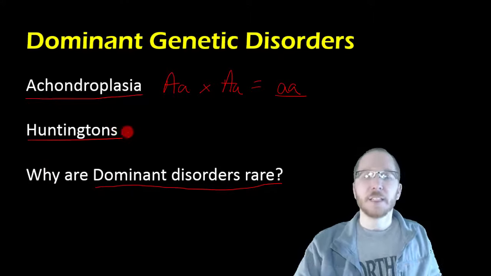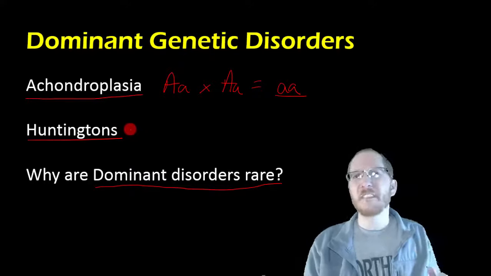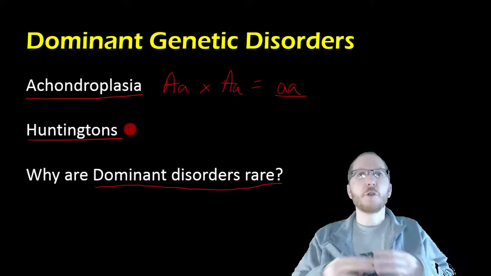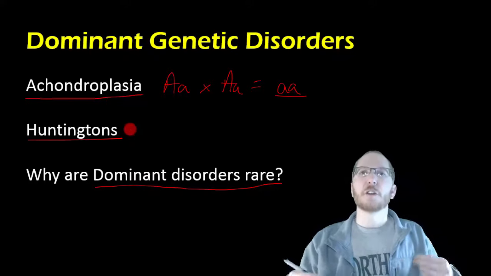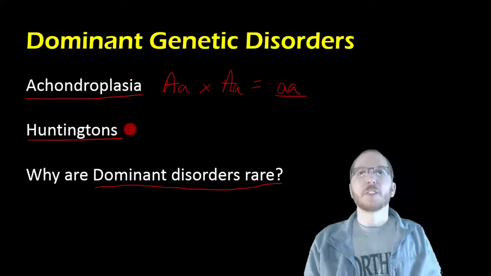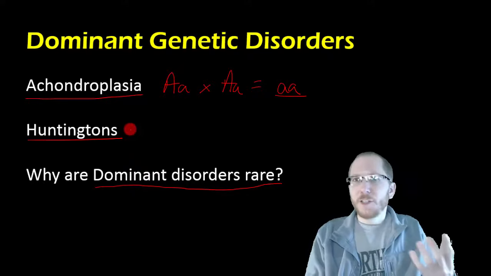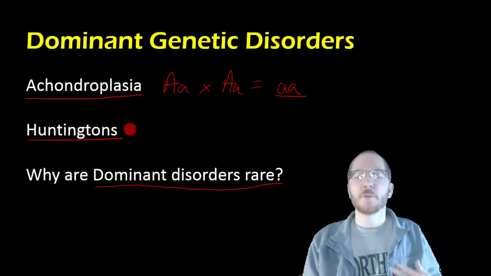Now the issue with Huntington's is it doesn't tend to develop until you're more like 35, 45, maybe even 50 years old. And so because of this, you've typically gone through, reproduced, you've done all this stuff. And then as you start to age, it'll just start to creep up and hit you. And so it's more like a time bomb. But because you've already reproduced, you're still able to pass it on. You know, it's kind of too late by the time you start to realize what's going on.